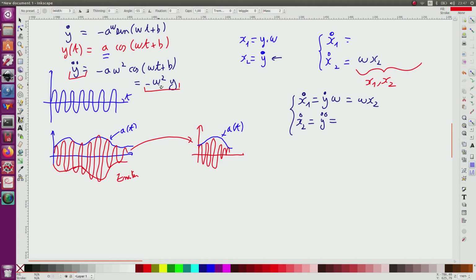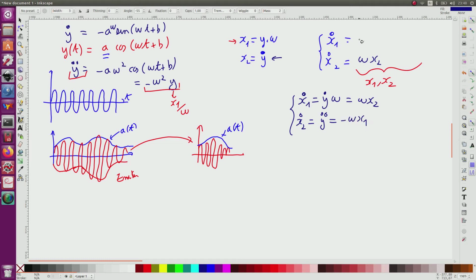So here, since this one is equal to x1 divided by omega, thanks to this, then I will be allowed to write here minus omega x1.